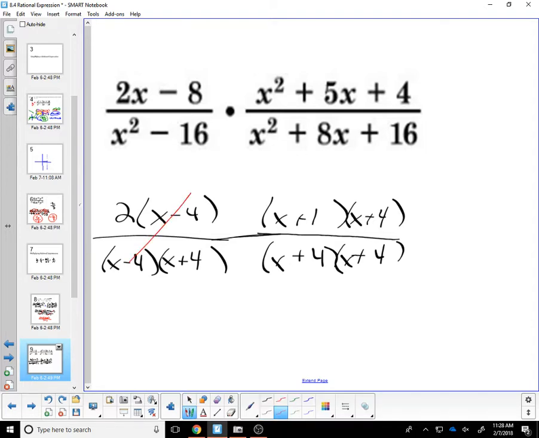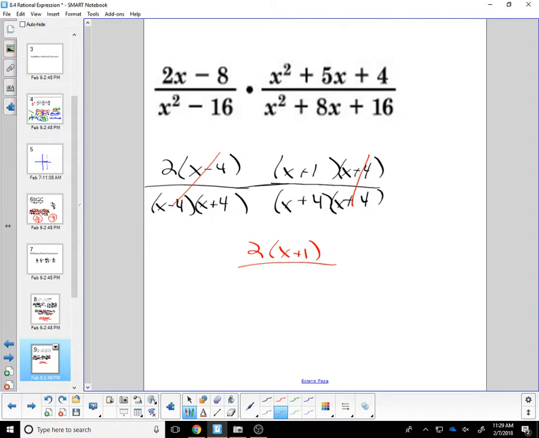So this is a 1. This is a 1. That's it? Okay, so what's left up top? I've got a 2 with a plus 1. And I've got x plus 4 twice. I can write it as x plus 4 squared. So yes, y'all were right.